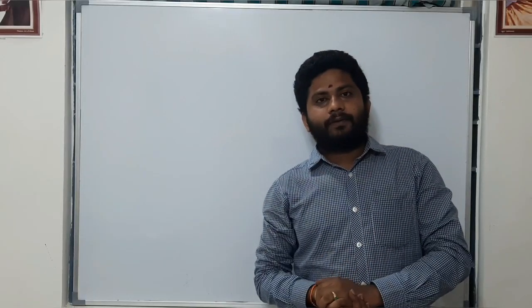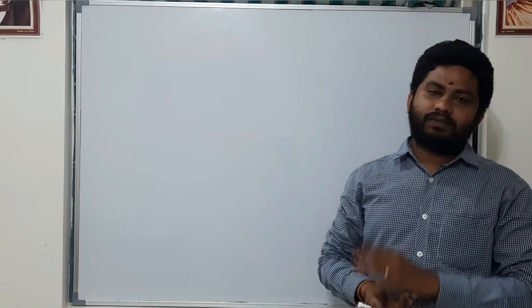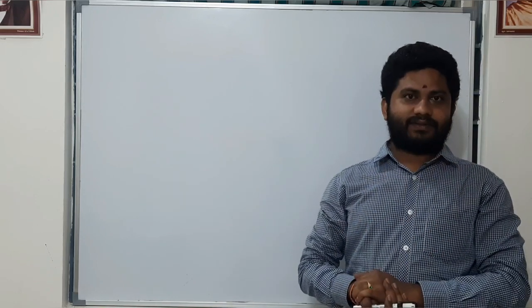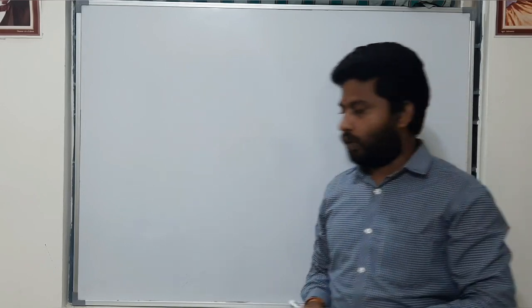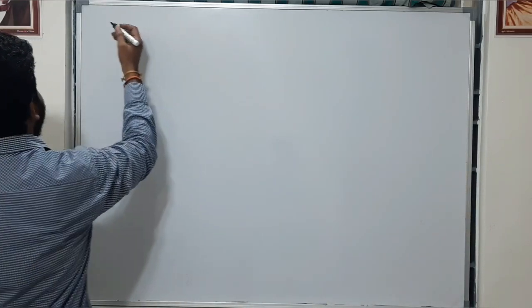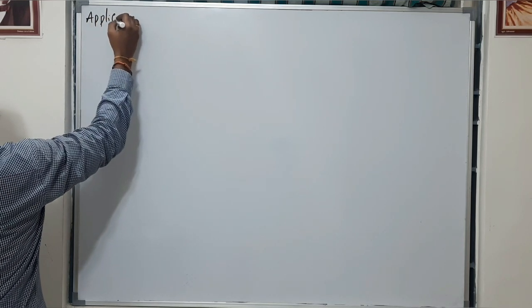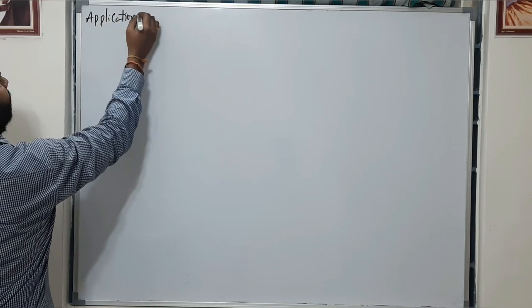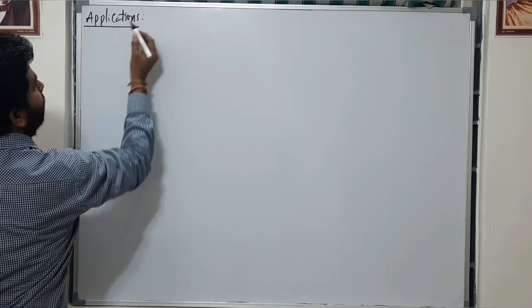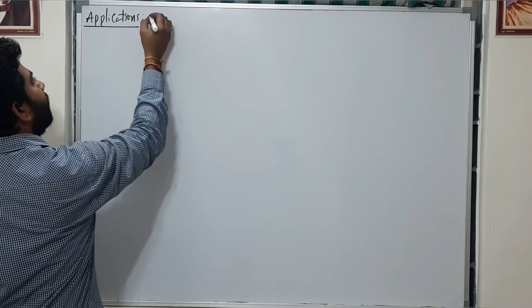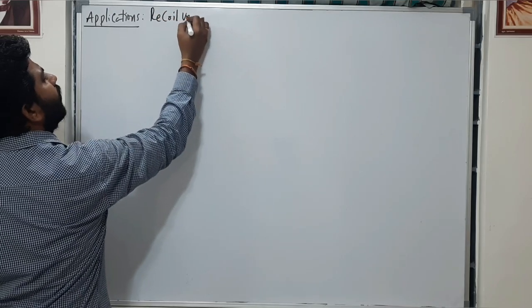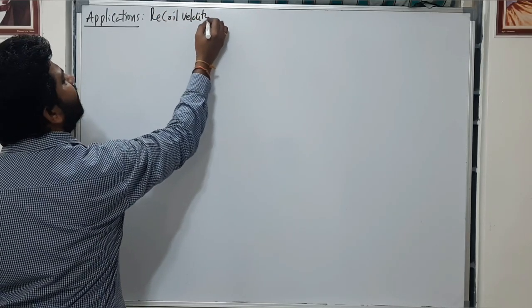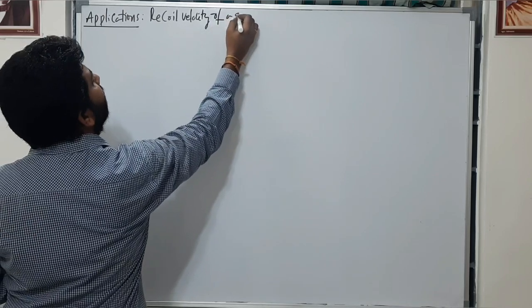So my dear students, we are going to discuss majorly three applications related to the law of conservation of linear momentum. Let's see, what are the three applications first? Number one, recoil velocity of a gun.